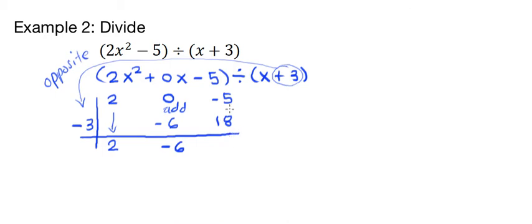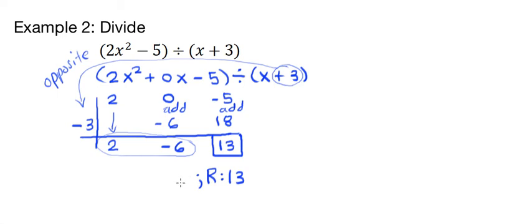And then we add these two guys finally to get the number 13. We separate the 13 from the rest because this guy is going to be the remainder, and these two numbers will determine the quotient. How? This way. Remainder will be 13 right from here.